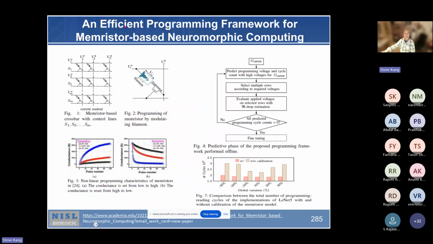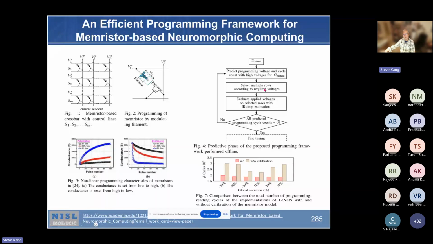The programming is important, right, for memristor-based neuromorphic computing, because you want to program the memductance or conductance of a memristor here. So this is the algorithm: the current state of conductance, and you predict the programming voltage and the cycles. So say you want to change, so you predict what voltage you need and how many cycles you need.